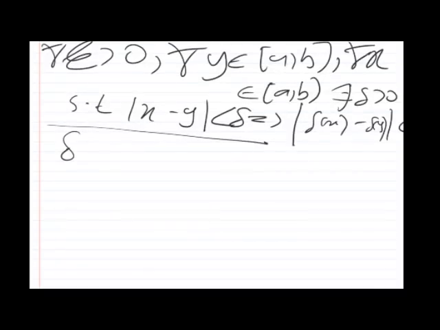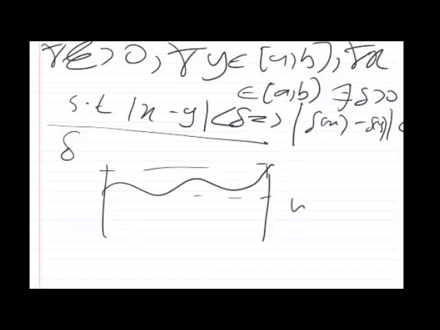If you take a function like that, according to the previous extreme value theorem, there exists a minimum and a maximum. Let's take any epsilon value and partition the y-axis by epsilon.